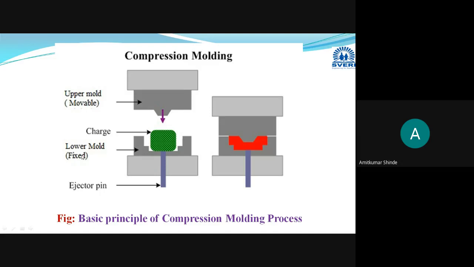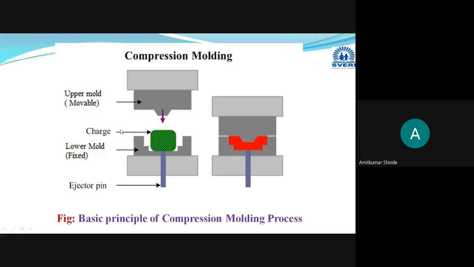The lower mold is fixed, and it carries the required raw material, which is also termed as the charge or heated preform, like that several names may be there. The upper part of the mold is movable, helpful for performing the pressing operation. The third component is the charge or raw material.